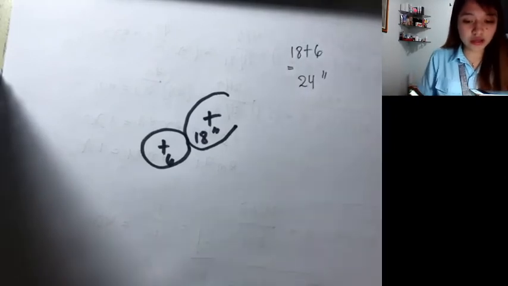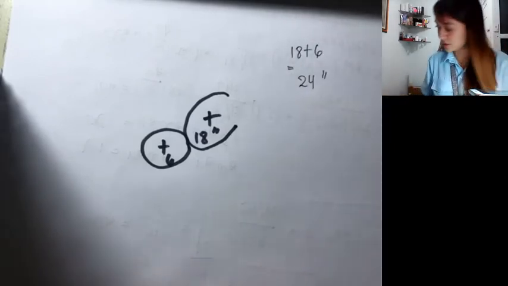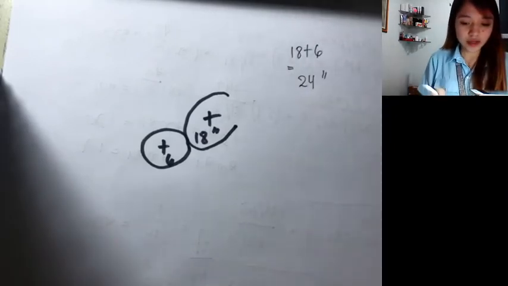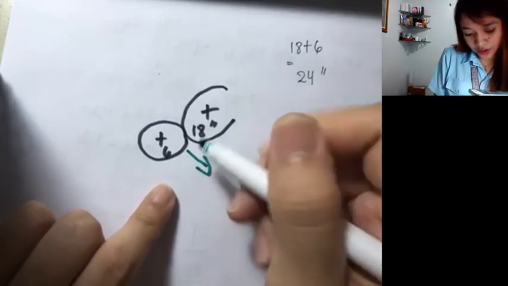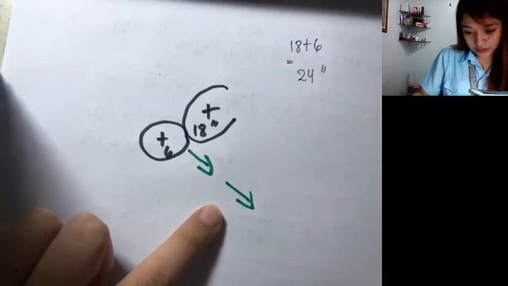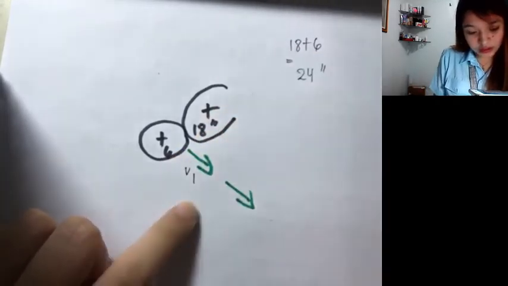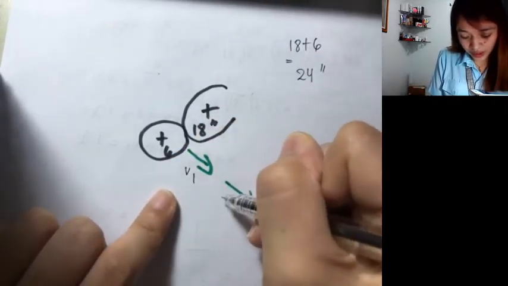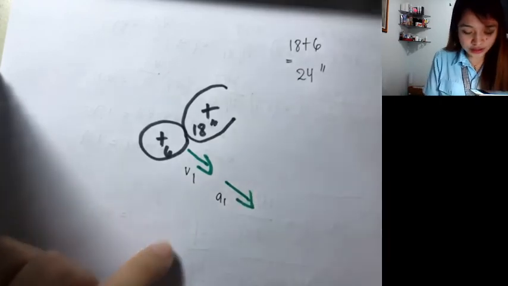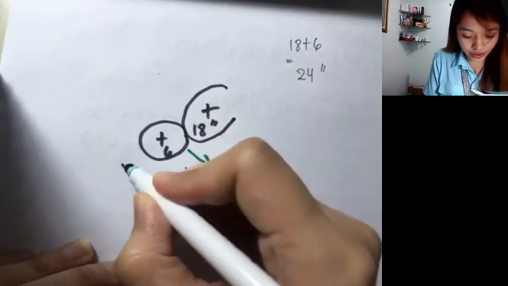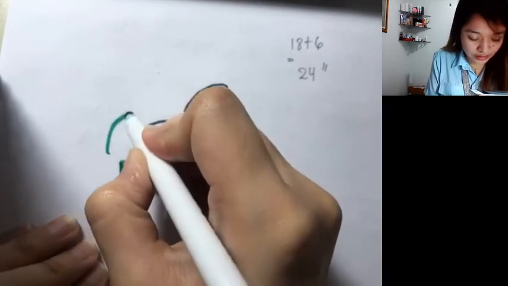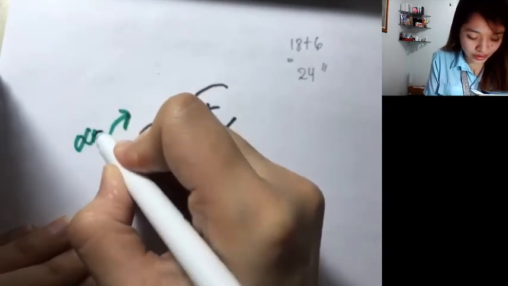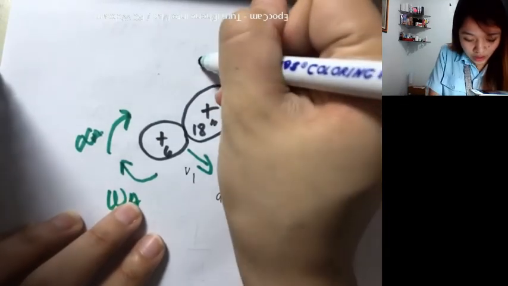Other than that, we have here our V1 and this is our A1, and this is our angular velocity A and this is our acceleration A. How about this one?